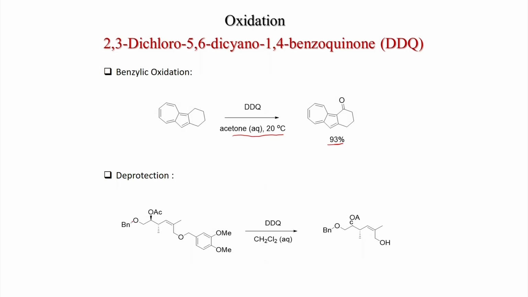Like here a simple benzyl group is there, but here an activated 3,4-dimethoxy system is there, and when DDQ in aqueous dichloromethane was treated with this substrate, you get deprotection and you get this allylic alcohol. So, this benzyl group still remains. So, this is very important. This group is more electron rich, so it has a chance to react more with the DDQ.